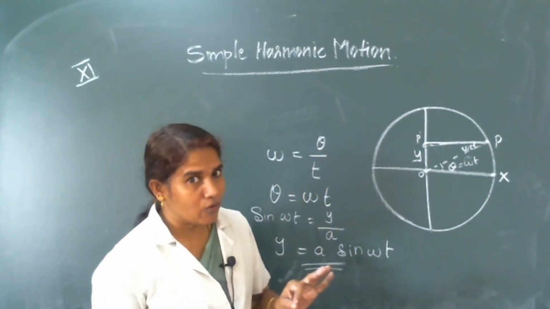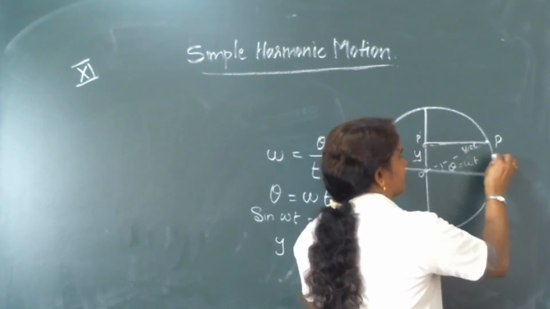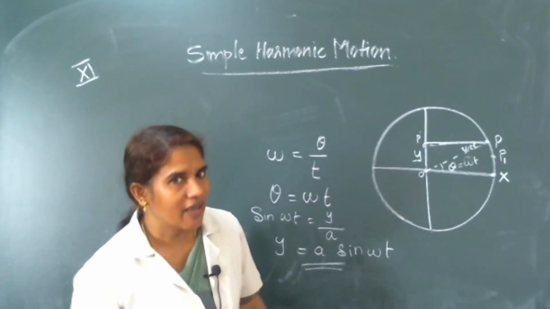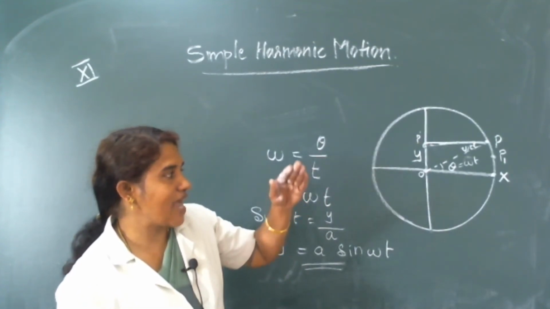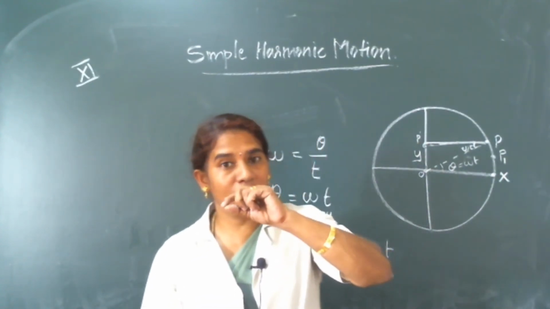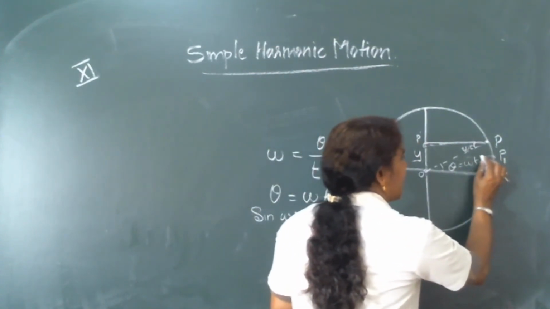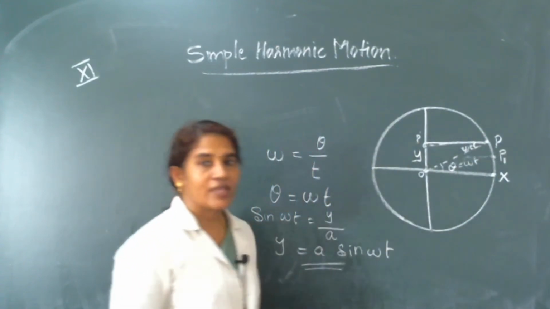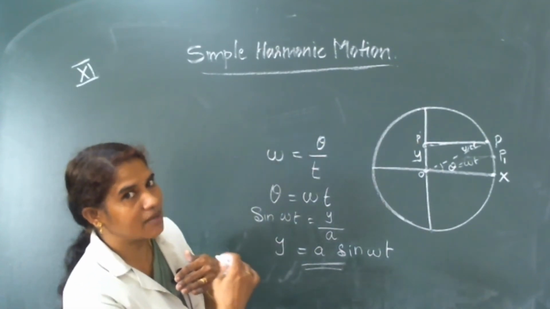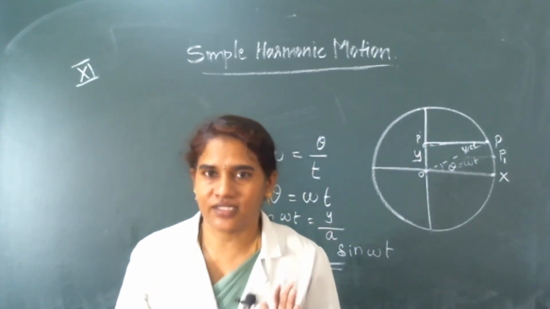Now, if the particle is starting not from the mean position, when we are taking the counting from a point P1, actually we would be measuring the angle from the starting point, but when we started the observation we are counting from some other point away. In such cases, if we start our measurement from any point other than the mean position, then we say it has a phase difference.